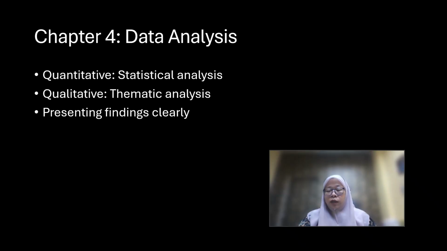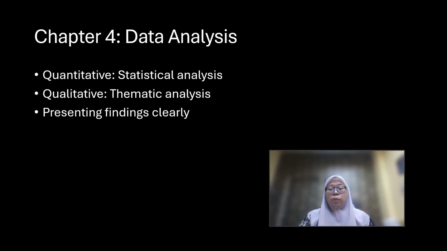And in qualitative study, Chapter 4 will involve coding, categorizing responses, and identifying recurring themes. So you will explore patterns, you're going to highlight the key narratives, and you're going to explain what the participants' words reveal related to the research problem.